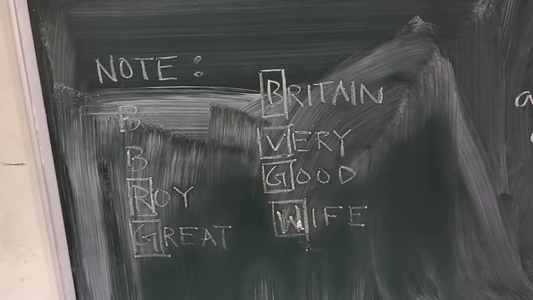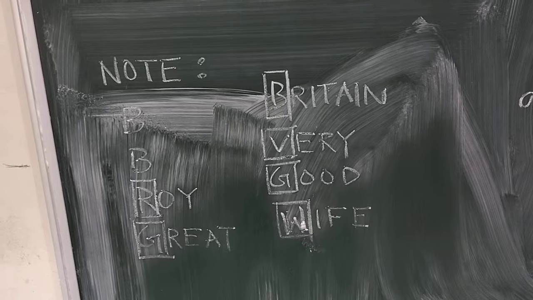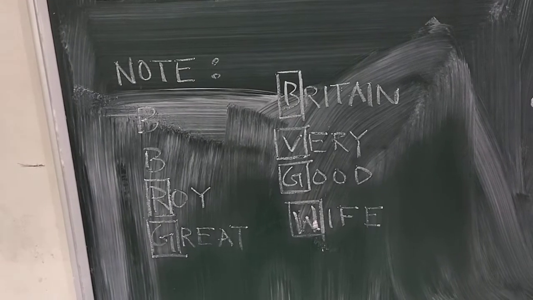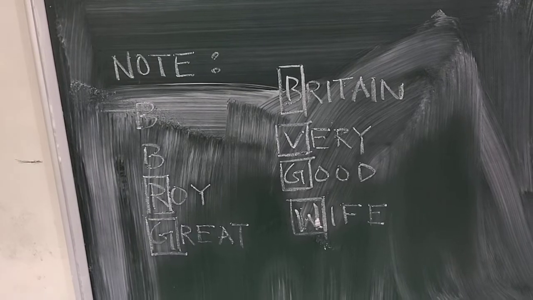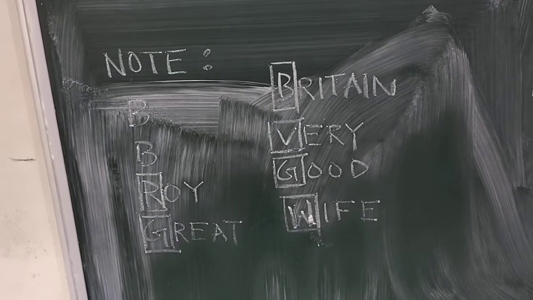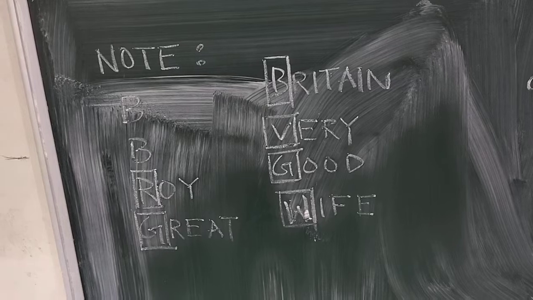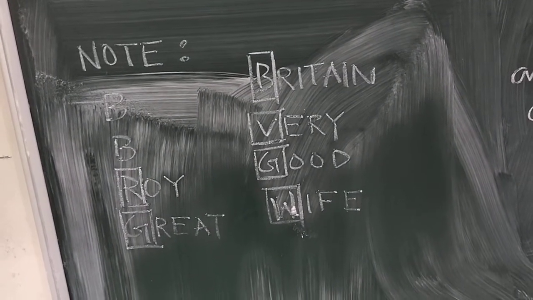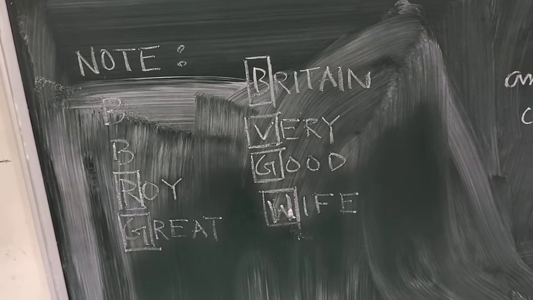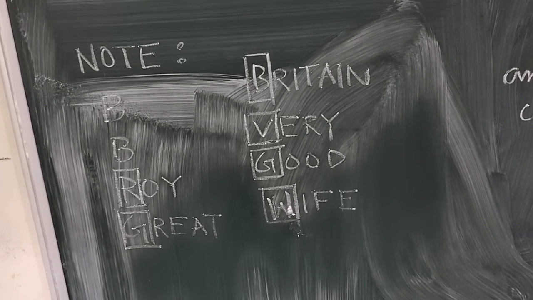Under the great, first G is for green. Great Britain, B for blue. Very, V for violet. Good, G for grey, and wife, W for white.